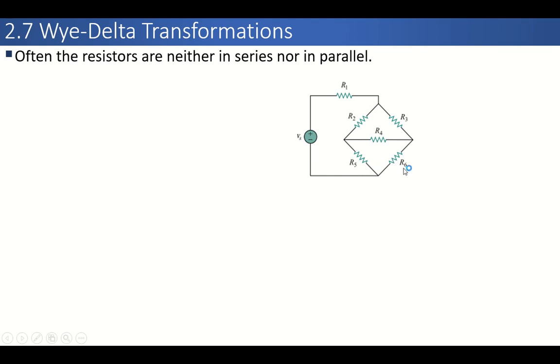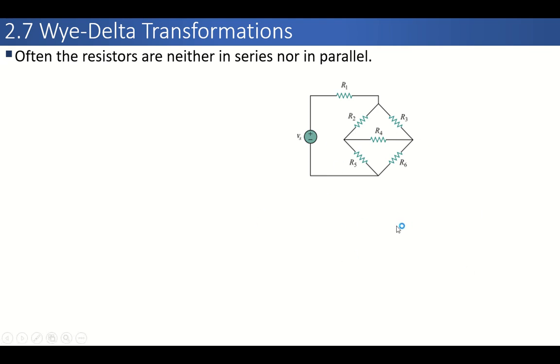Similarly, R5 and R6 are also neither in parallel nor in series, because this point is common, but their next point is different. So we cannot apply the techniques that we developed for series and parallel resistances here. How can we simplify such networks, or find the current or voltage across any of the resistances?